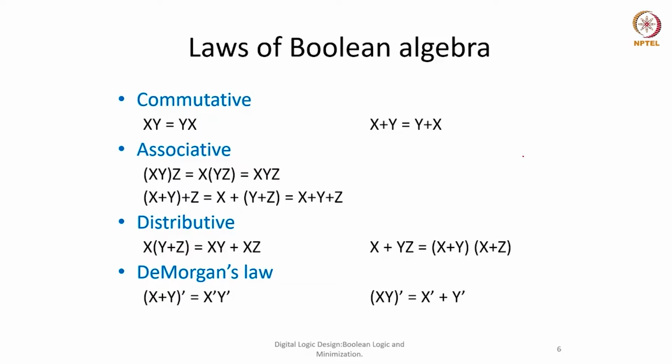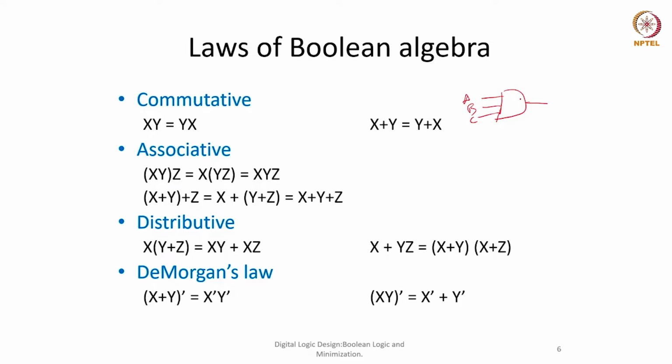The same goes for the OR operation. Essentially, whether I am writing A, B or C, or C, A or B, or B, A or C, the order of these variables does not matter in either the AND gate or the OR gate. That's what the law of commutativity says.